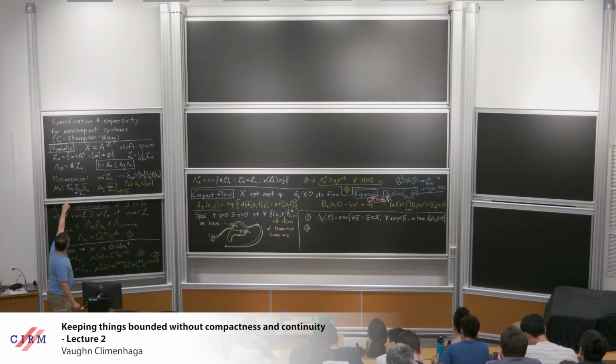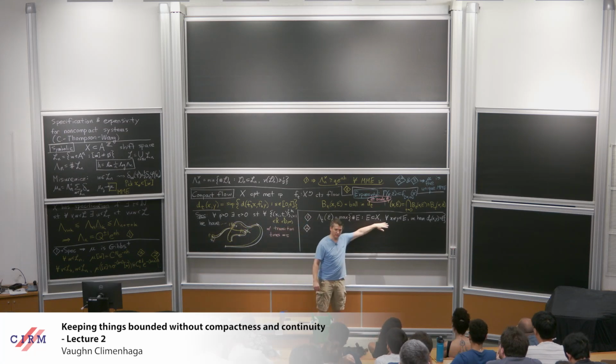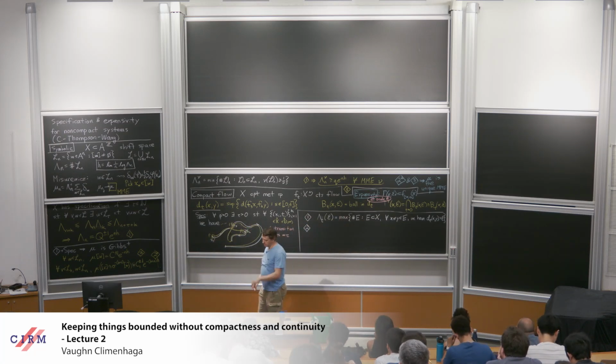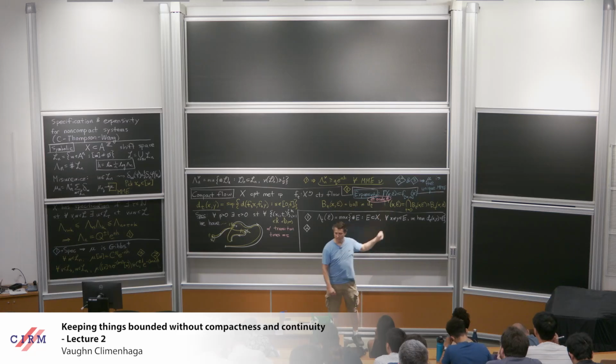You can build a measure of maximal entropy following Margulis's idea using epsilon separated sets like these. There's a new issue here, which is making sure you can pick a scale at which all of the entropy appears, and that's guaranteed by expansivity.